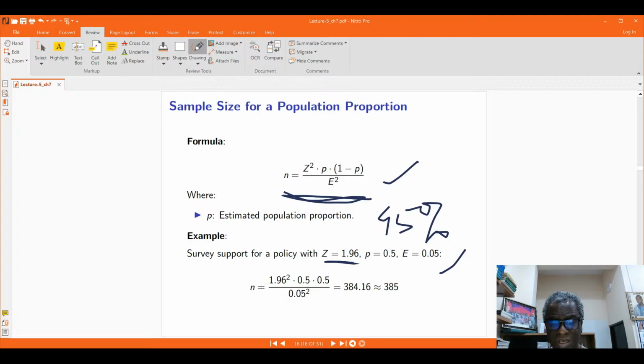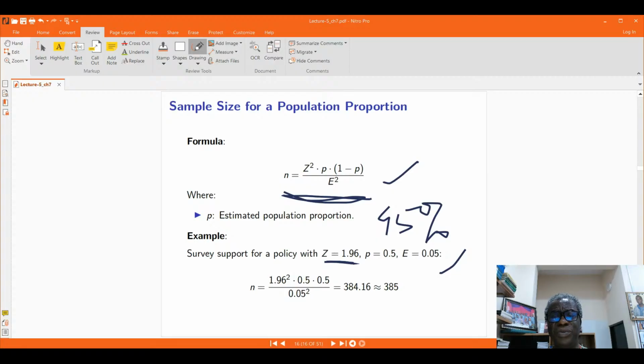So we have the sample size approximately to be 385, which means you need 385 sample drawn from the population and then observe their support for the policy.